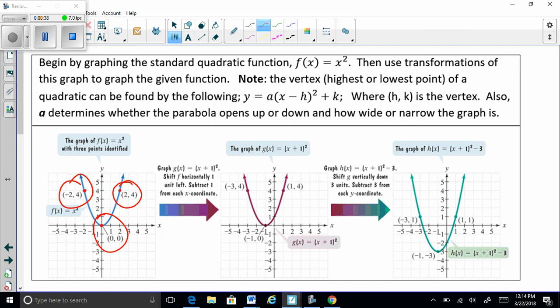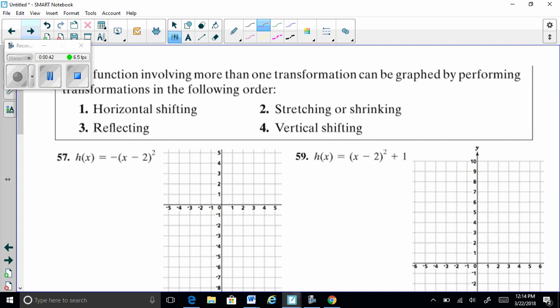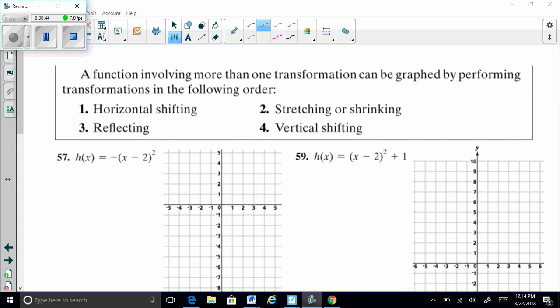Okay. So here is the list in the order in which you want to apply these transformations. We've already done each one of these, so hopefully you recall that from the previous lesson. We want to start with horizontal transformations, and go to any stretching or shrinking. Then is there any reflections?